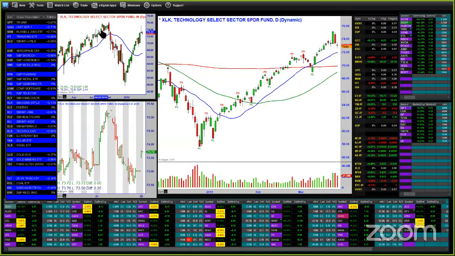Here's technology that's been the leader, topping tail at resistance. So I think the best this market can do from the bullish side is sideways chop, at least in the short term, and then we can evaluate what's happening over the few days and maybe another week or two. So that's it from me. All yours, Dan. And let's get ready.